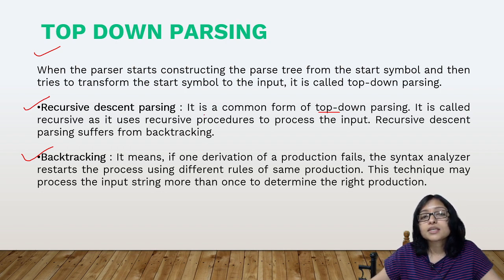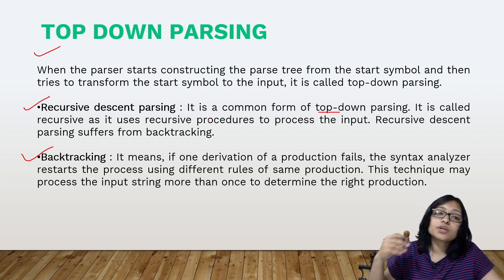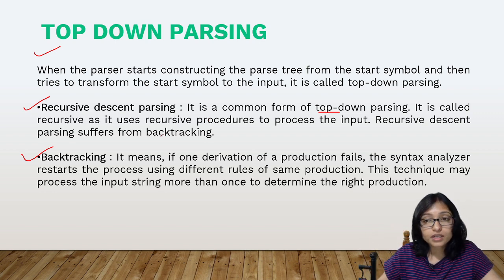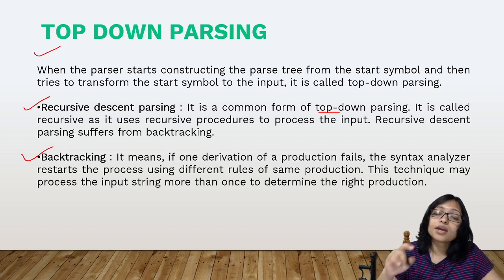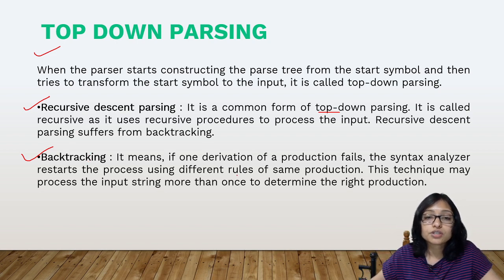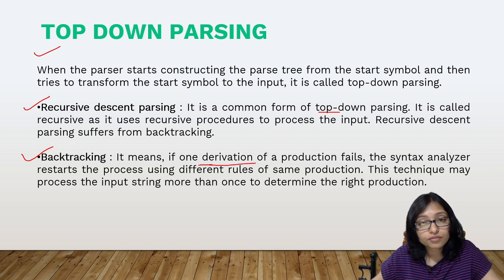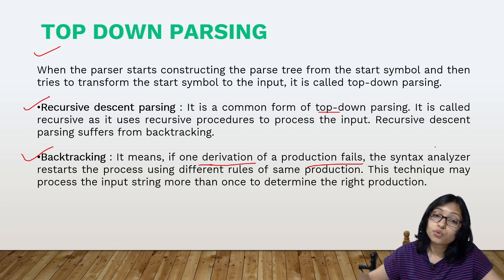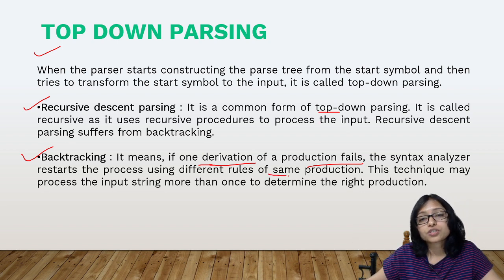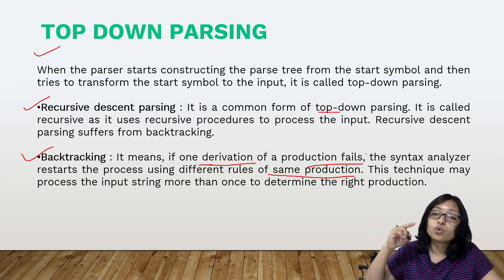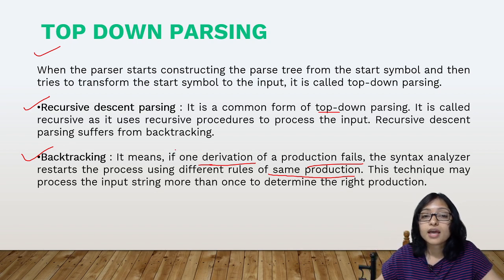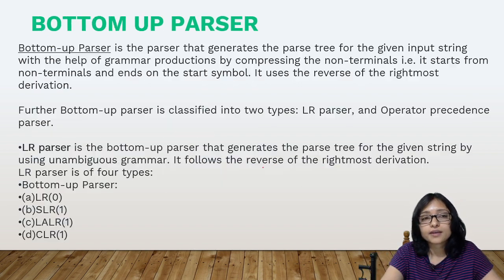And backtracking means, when you are using one derivation tree and the production fails, then you can go for another production of that same rule. Another alternative of the same production. That is called backtracking.